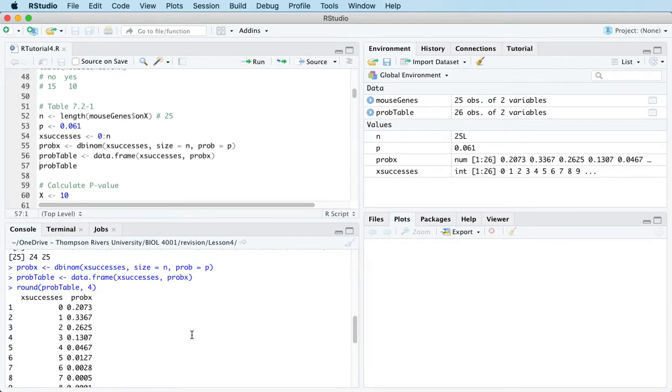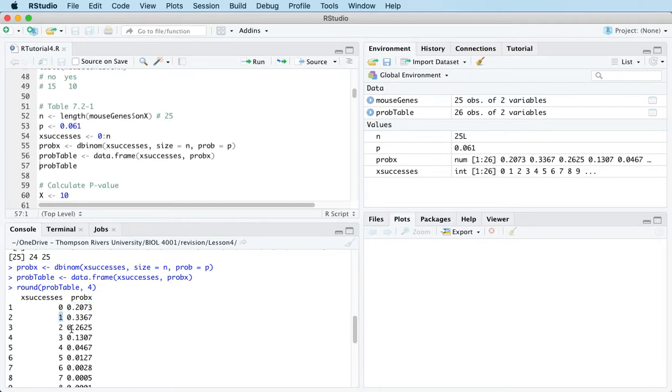Okay, so there's our probability table. So if the population proportion really was 0.061, the probability of getting 0 genes on the X chromosome would be 0.2073.